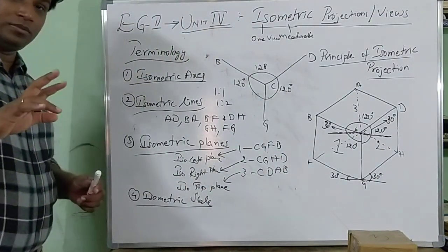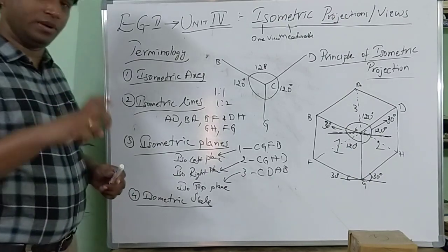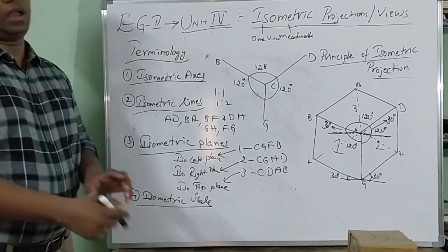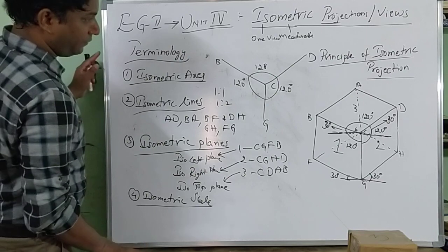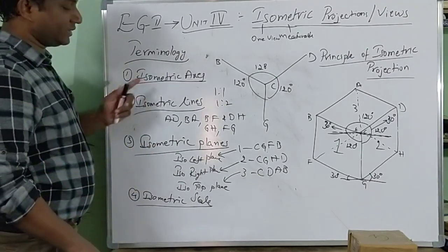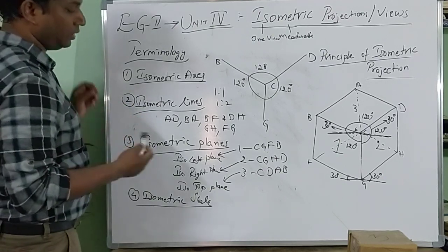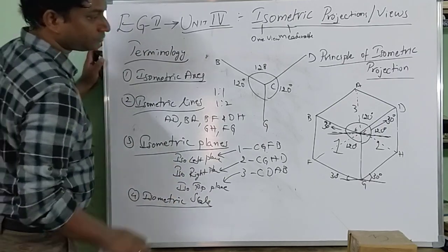A line inclined to both the planes will be in diminished length compared to the true length. Their proportion is nothing but the isometric scale. For this we have to draw a separate detailed figure. Hope you understand the terminology: isometric axis, isometric lines and isometric planes. Important, remember: isometric planes are iso left, iso right, iso top.